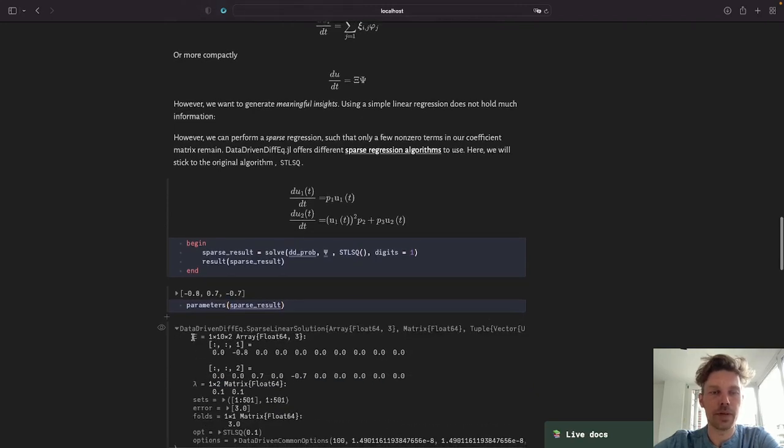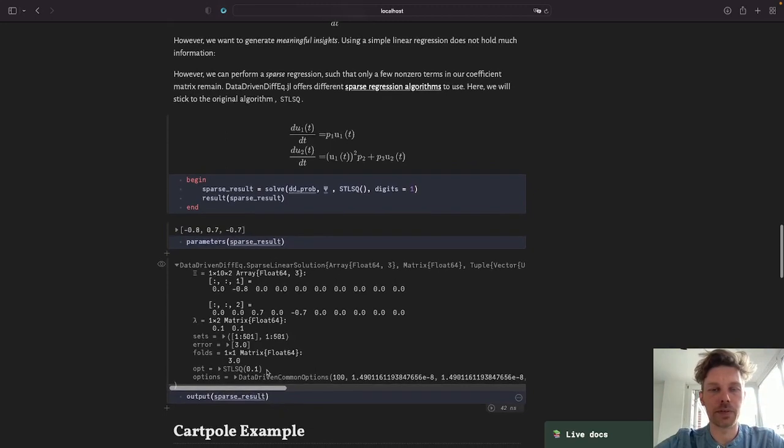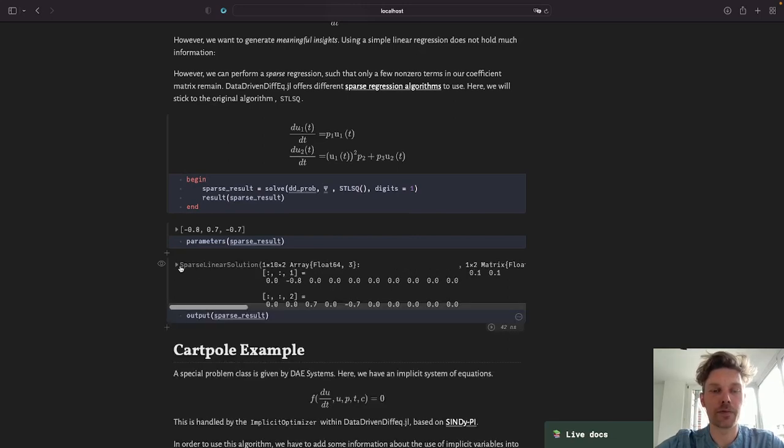Here we have a 3-dimensional array structure, because you can also batch your data-driven problem, which is also explained in more detail in the documentation. Then you get the best possible threshold, or penalty, for this problem, and of course the coefficient matrix.